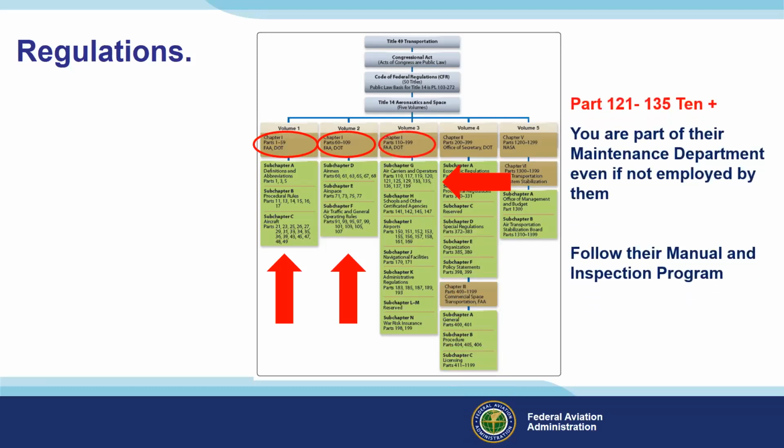And if you are working on a part 121 or a 135, 10 or more aircraft, you are actually part of their maintenance department, even if you are not employed by them, and you must follow their manual and inspection program.